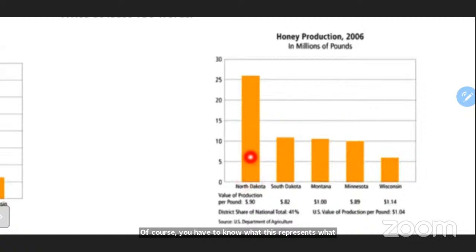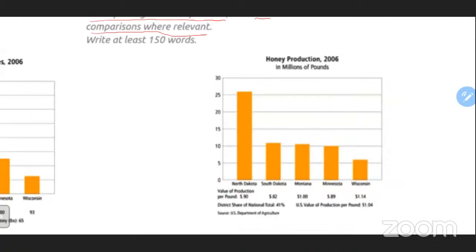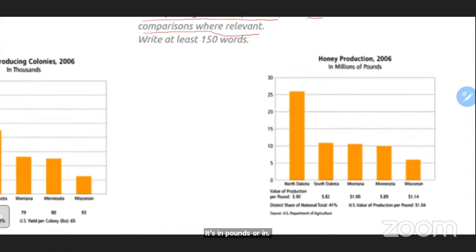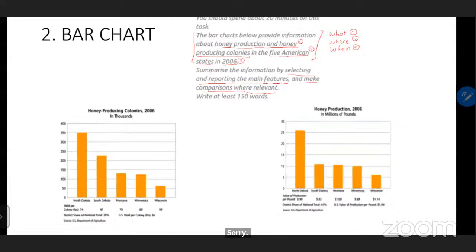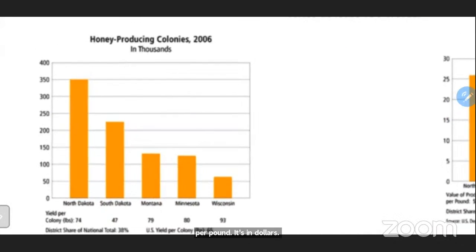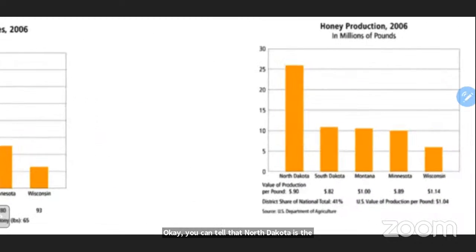Like for example, this represents North Dakota honey production, and 25 here, what it means, it's in pounds, or sorry, per pound, it's in dollars. And same like the next picture. Okay, you can tell that North Dakota is the highest and Wisconsin is the lowest.